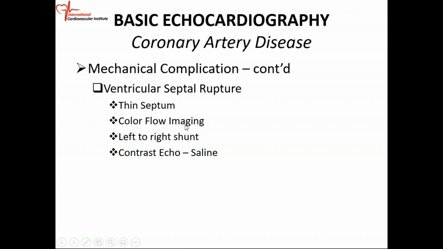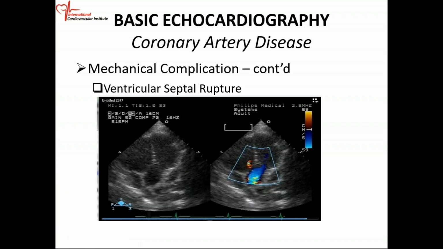And you just use color flow to show that. And you get a left to right shunt. And if you use saline contrast, you can see that there's flow from the LV. Again, you see a two-chamber view, but you put your color in, and you can see that there's a flow right at this membranous portion of the ventricular septum.